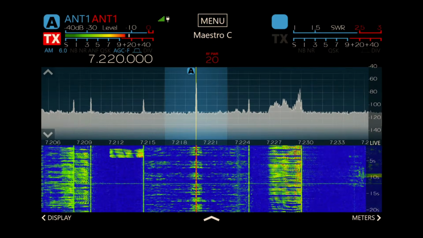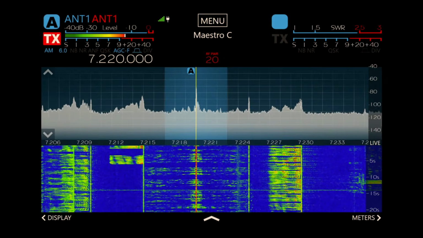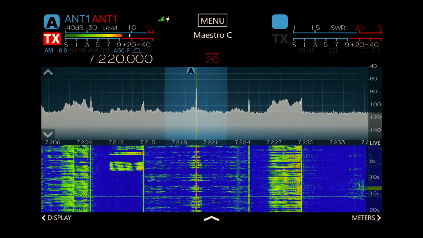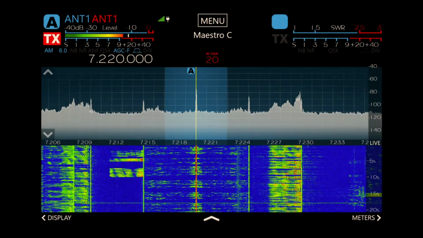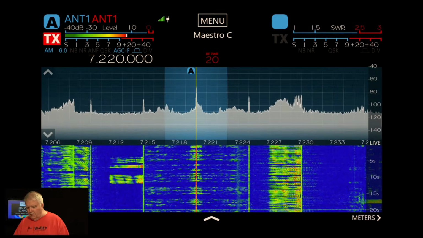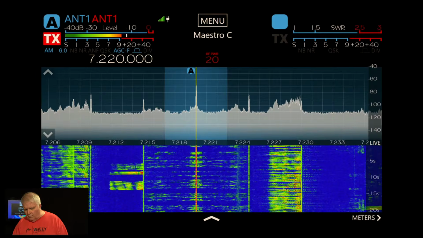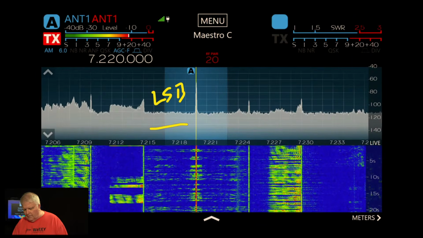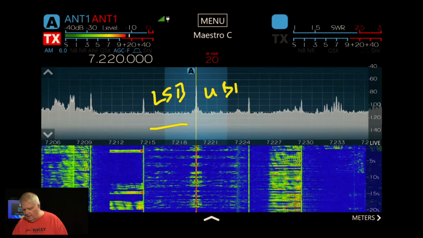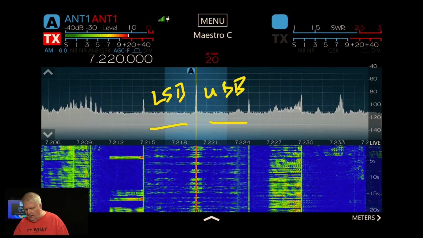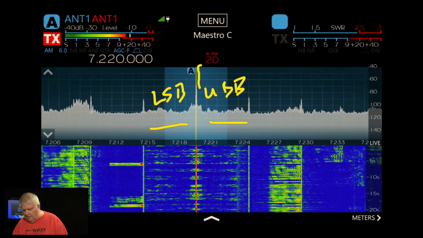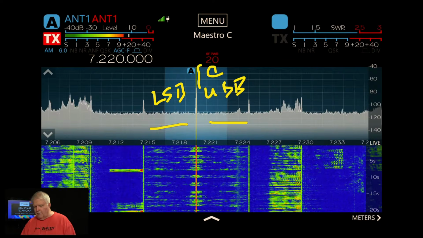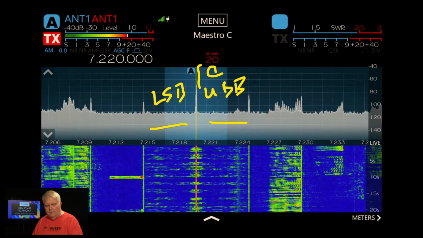The ICOM IC7300 has this kind of display. Flex is known for their very high quality displays. And so what we're seeing here is an amplitude modulated signal with its lower sideband over here and its upper sideband up here, and the carrier up there, the three signals that we saw on our chart.